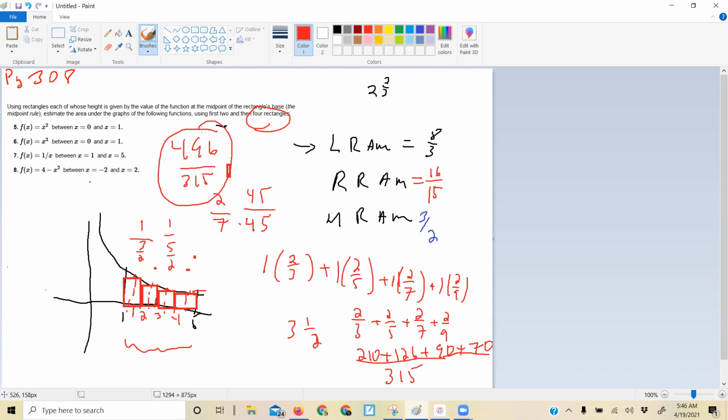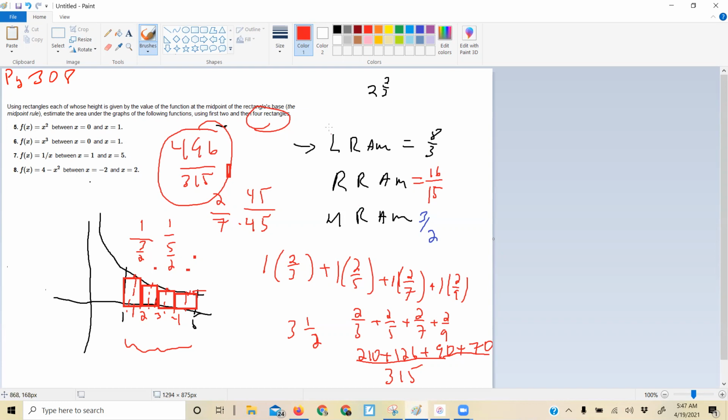So that's the estimate. And let's just see, what's the exact area? I'm doing 1 over x. You'll learn how to do this shortly, so I won't spoil the surprise for you, if you've sat through this class already and this is your second time through.